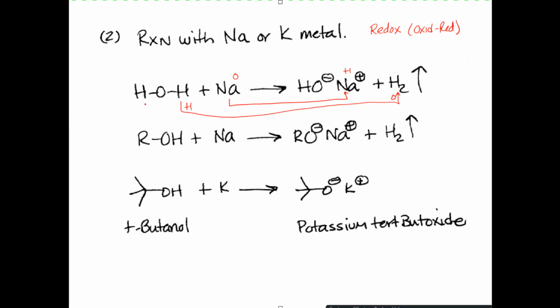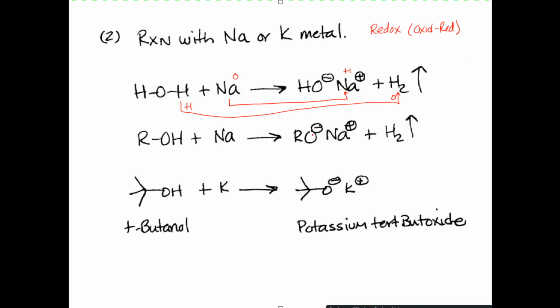Well, remember that HOH is not that much different than ROH. Alcohols react very similarly to how water does because there's just an alkyl group on there. So if you take an alcohol and you react it with sodium metal, you'll make the alkoxide and hydrogen gas.